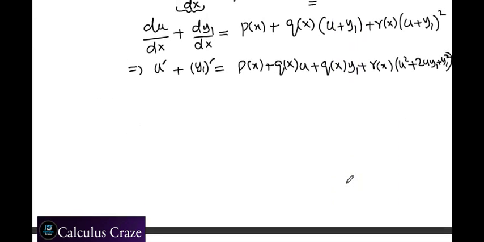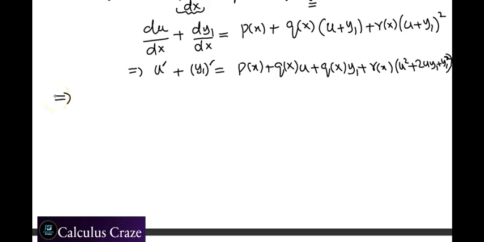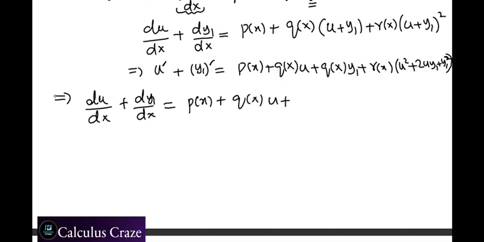So from here I get du by dx, the derivative of u with respect to x, plus the derivative of y1 with respect to x, equal to p of x plus q of x times u plus q of x times y1 plus r of x times u squared plus 2 times u r of x y1 plus r of x multiplied by y1 squared, right?